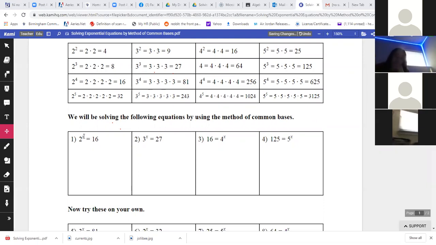You already know that the answer here is going to be 4 because 2 to the fourth is 16. However, we're going to practice with these simple problems a method of common bases. Because even though you don't really need to do them here, we need to get used to this new method. So I want everyone to understand what this method is. So we'll take it step by step.